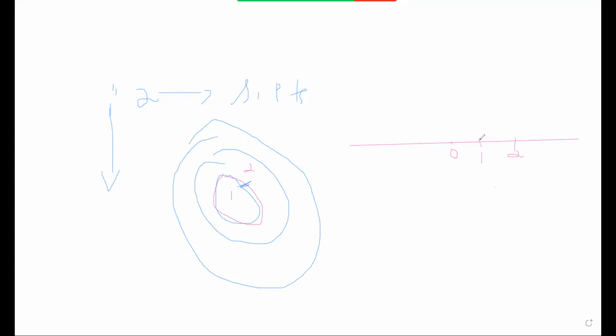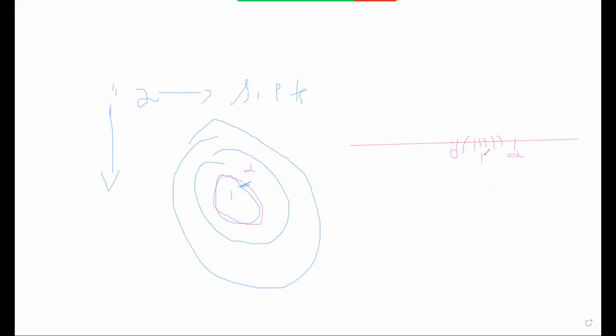If 1 is said to be an isolated singular point, there exists a neighborhood. With center 1, we can make so many neighborhoods. This is a neighborhood, and this is also a neighborhood.